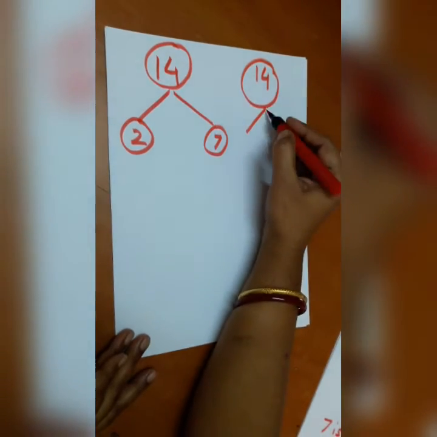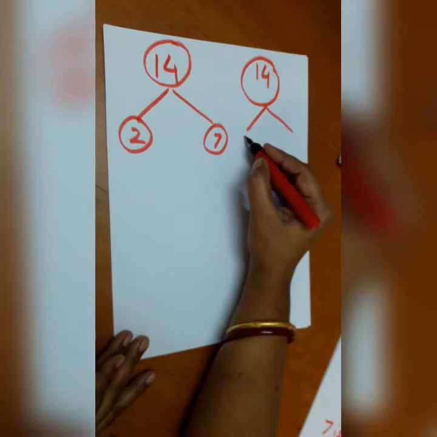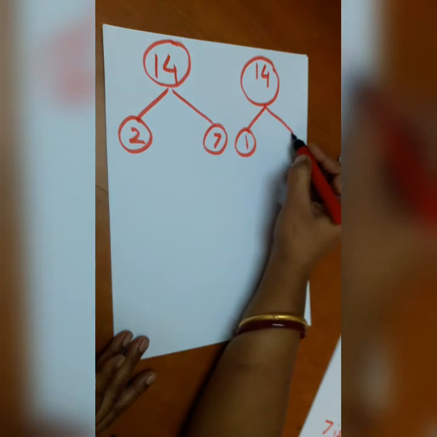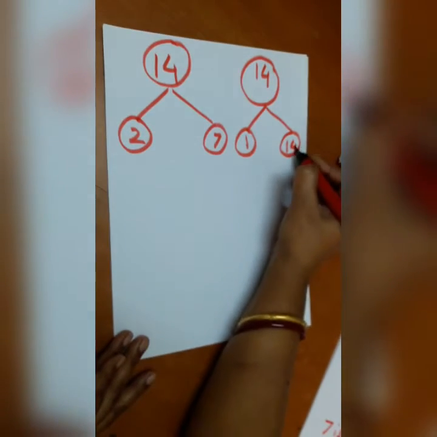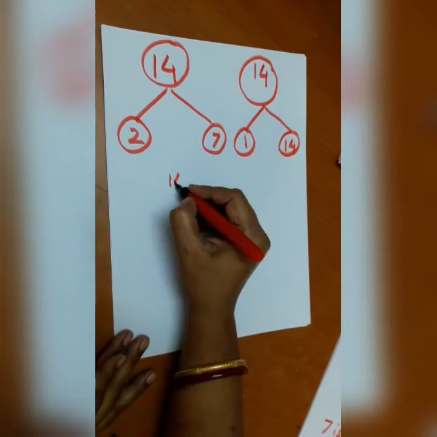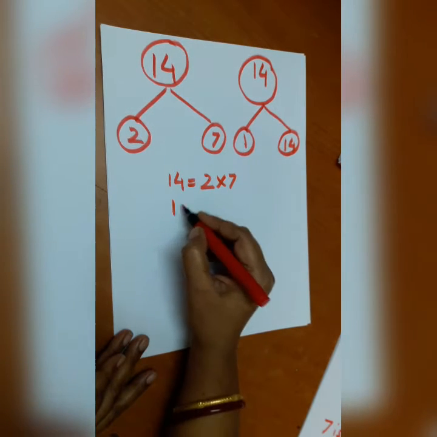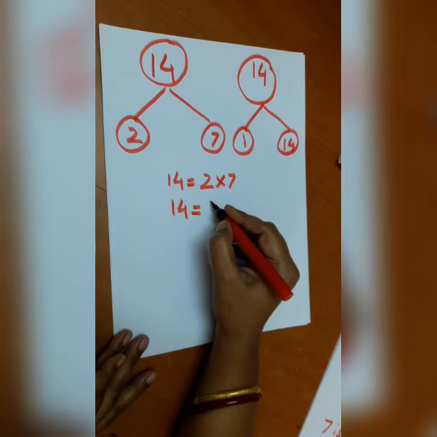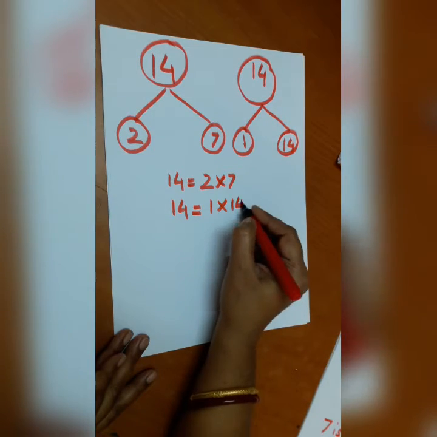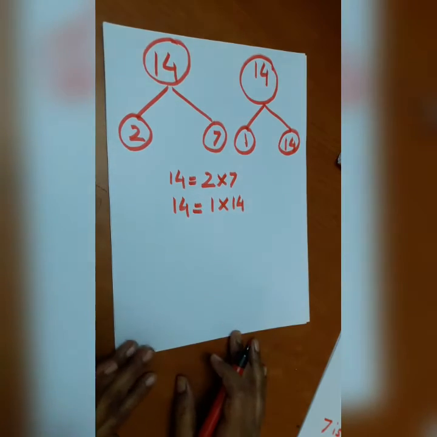That is always there. The number itself is a factor of that number. So this I write because 14 is 2 into 7 as well as 14 is 1 into 14 or 14 into 1, the other way.